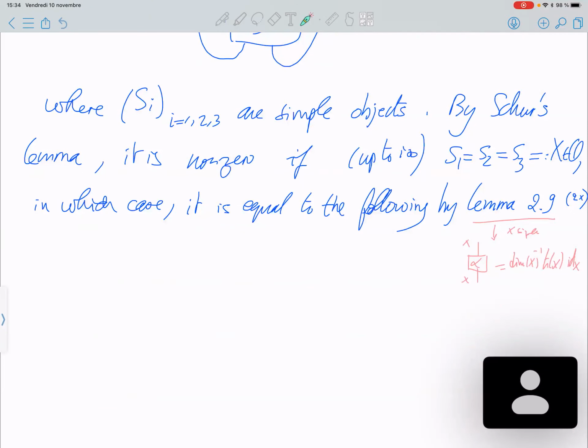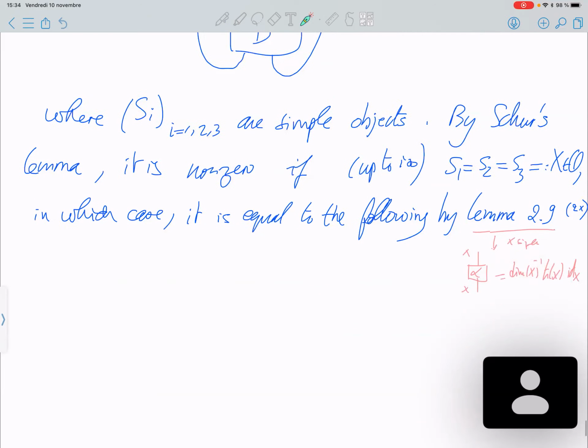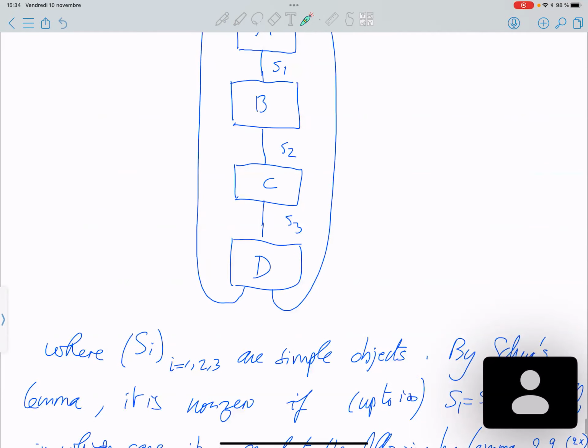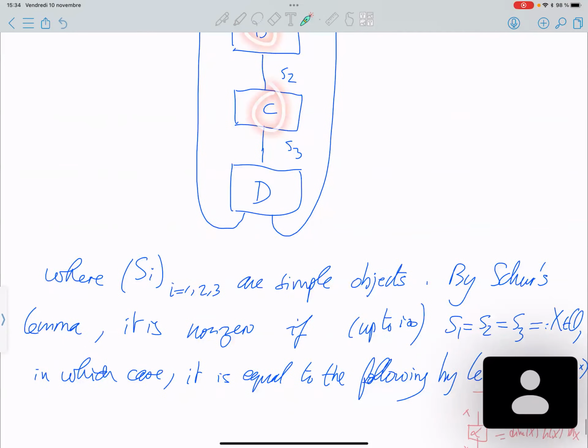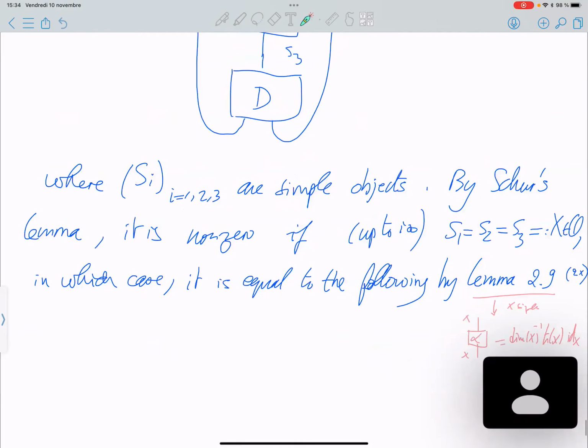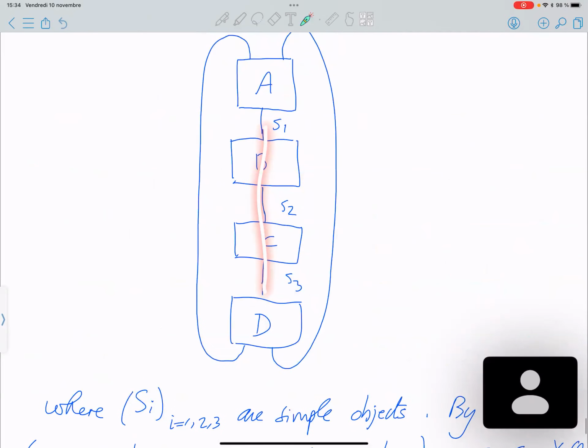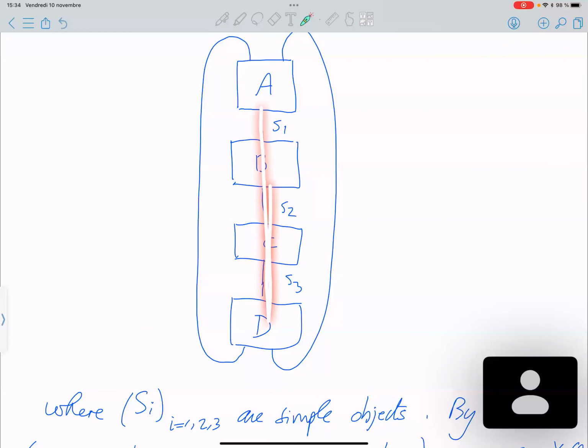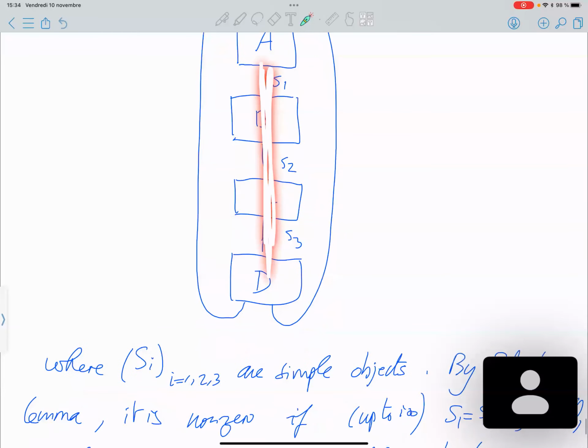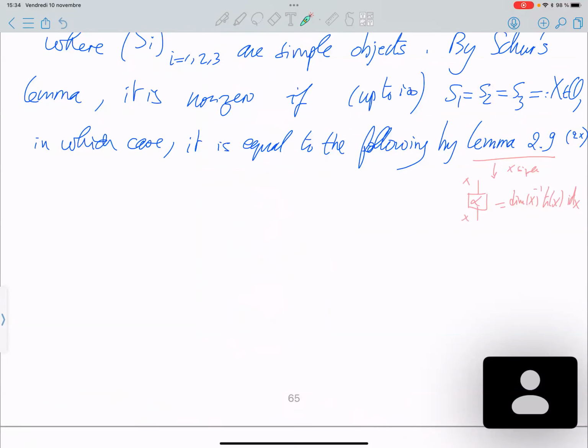So you get dimension X power minus 2, you get the trace of that, and identity. So it remains only this, up to a multiplicative constant.